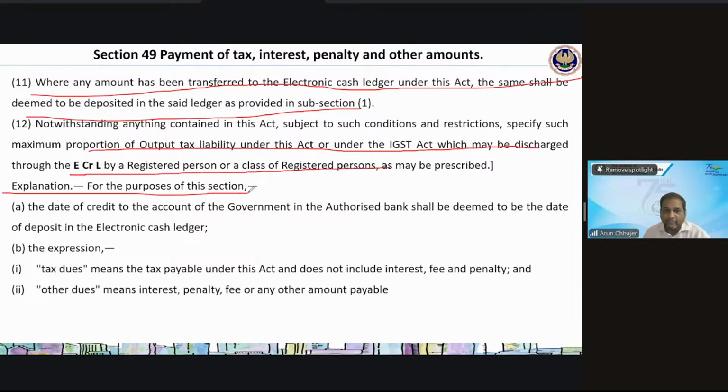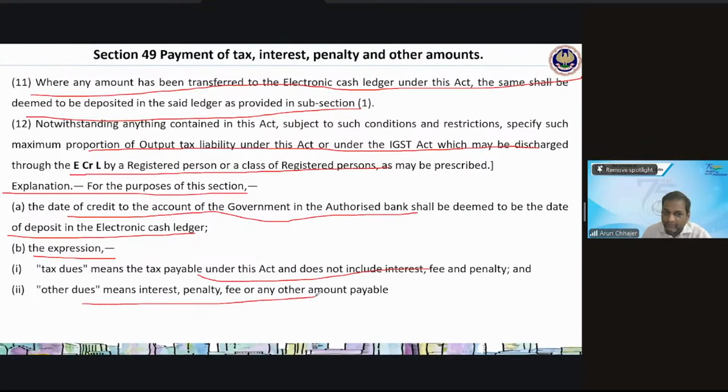Explanation for the purpose of this Act: the date of credit to the account of the government in the authorized bank shall be deemed to be the date of deposit in the cash ledger. So the day when you deposit the amount in the cash ledger, it will be deemed that the government has received the credit of that amount. Tax due means tax payable, and other due means interest, penalty, fee, or other.